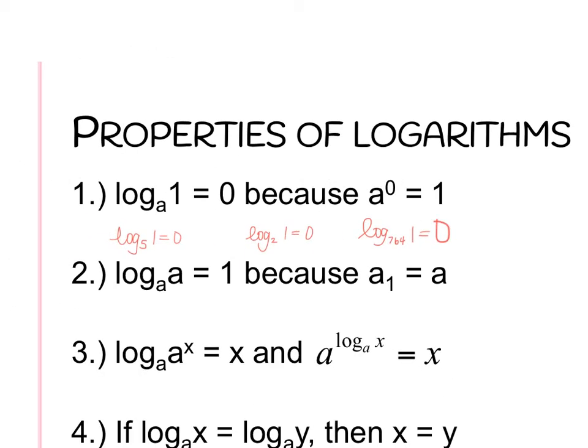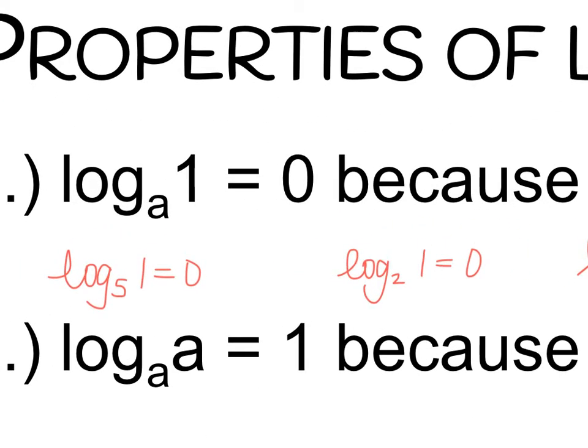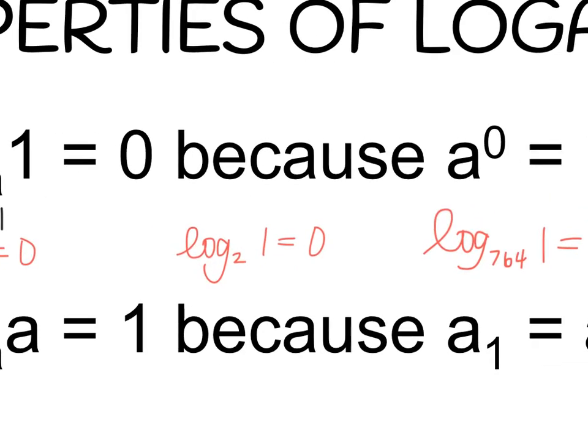0. If I was going to write this exponentially, it would be 5 to the what? 0 power equals 1. If I was going to write this one exponentially, my little 2 becomes the base, the big base, and then what happens with 0 and 1? They switch spots, right?